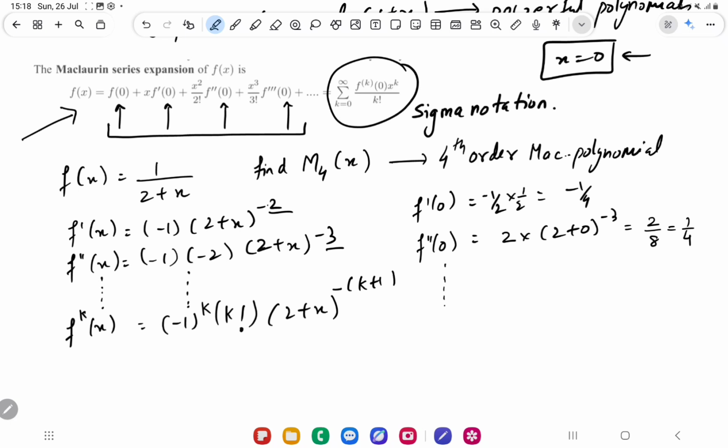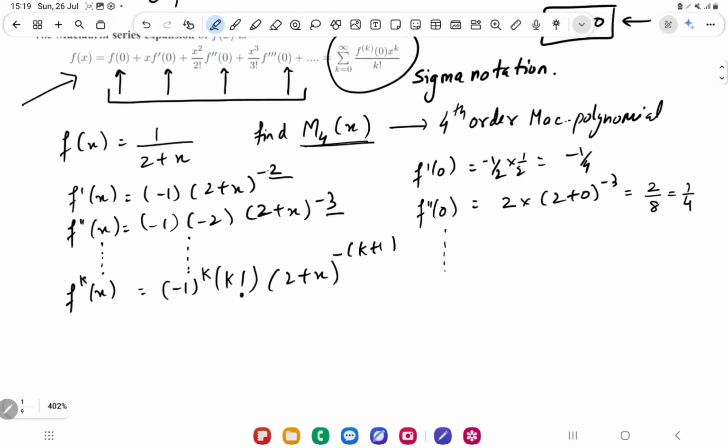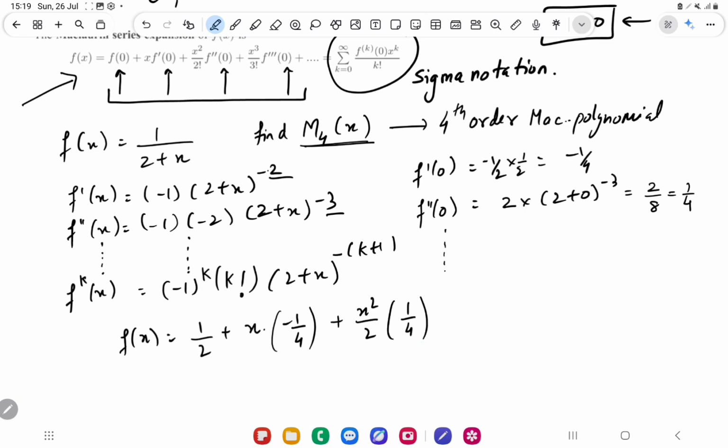Now if I want to expand this and write M4(x), it means I have to write the first 4 terms. So I'll go according to the formula given. I will write f(x) as f(0), which is 1 by 2, plus x times f dash 0, which is minus 1 by 4, plus x squared by 2 factorial times f double dash 0, that is 1 by 4.